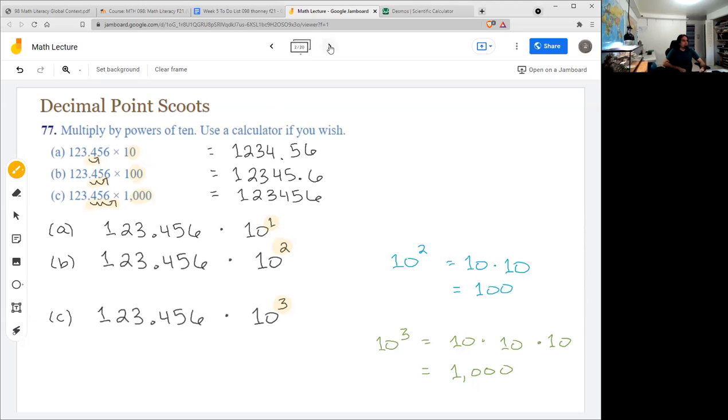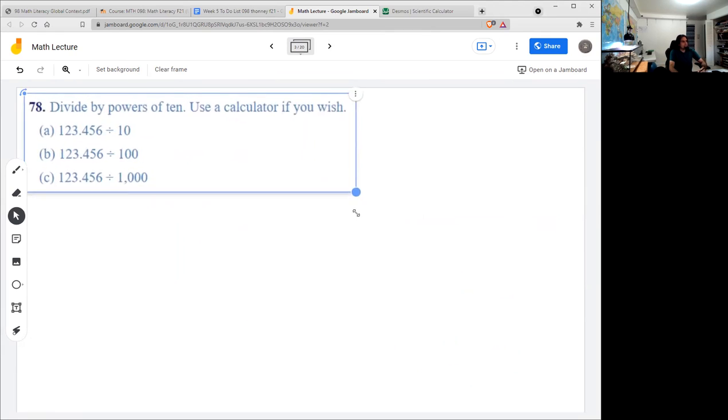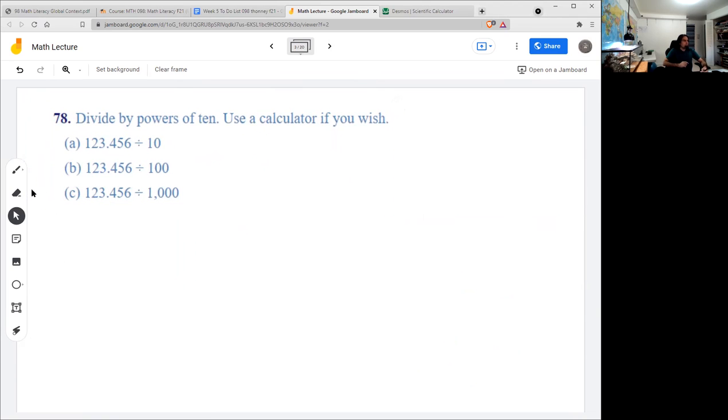Okay, if this was math 20, I would spend an equally long time doing the division one, but I'm not. I'm going to just whiz through it very fast. So for this one, it is still true that dividing by 10 is one scoot. Now we go the other direction. We get smaller.